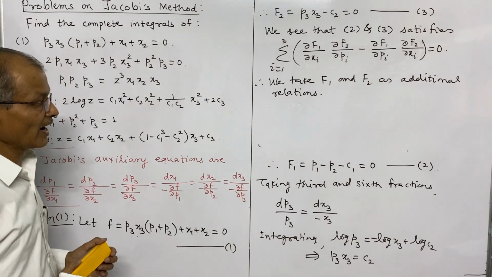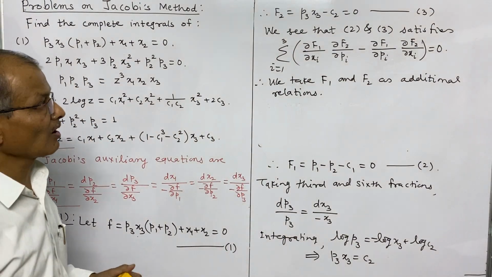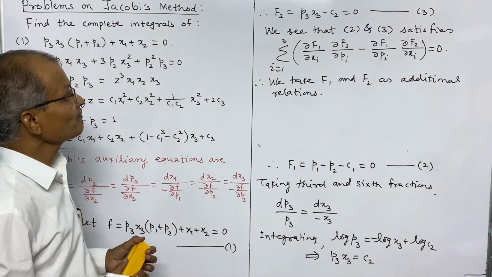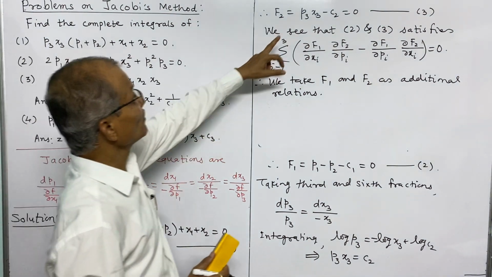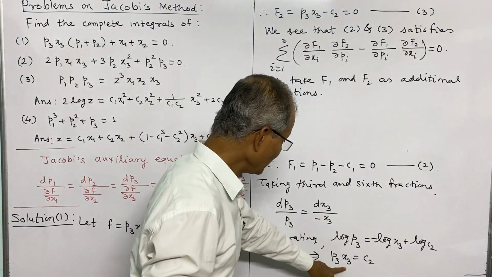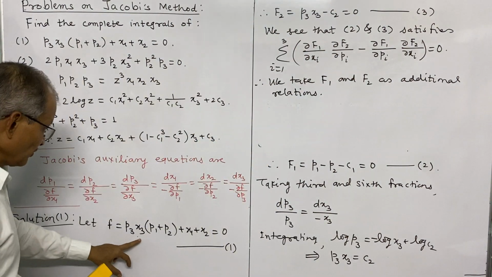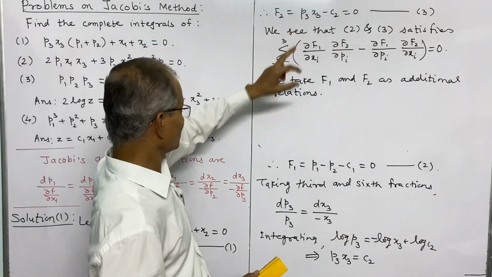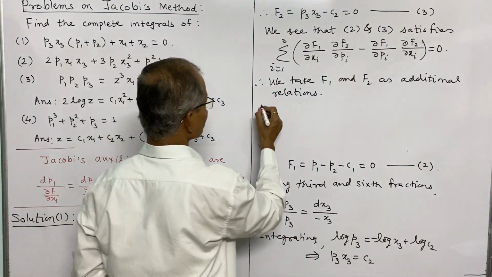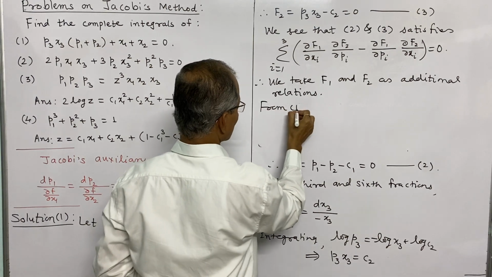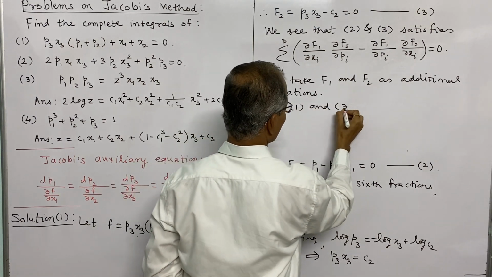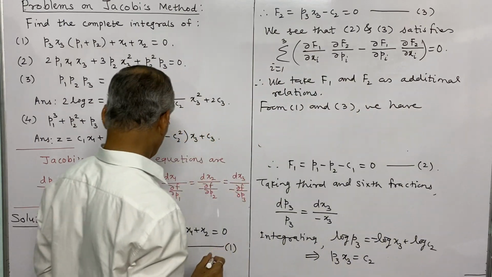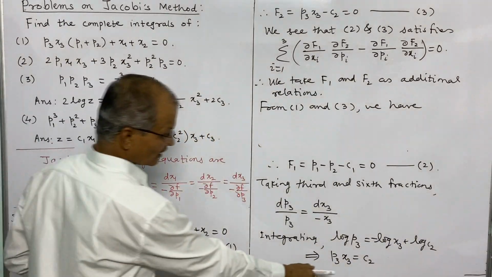Now we have to find p1, p2, p3 from 1 to 3. For that purpose, we have from F2, p3 x3 is equal to c2. We will put that value in F. So this is the third equation, from 1 and 3 we have c1, p3 x3, and that is c2.